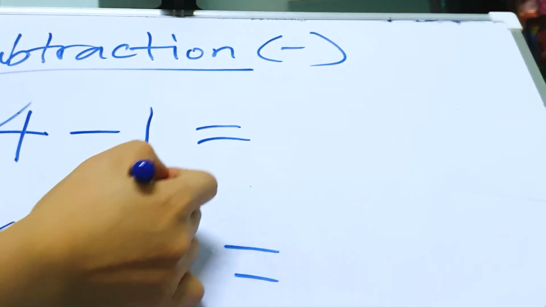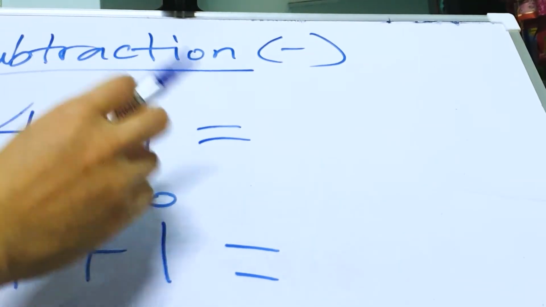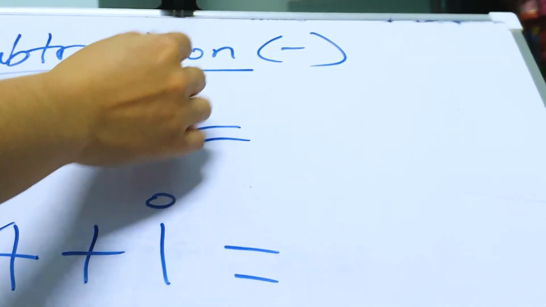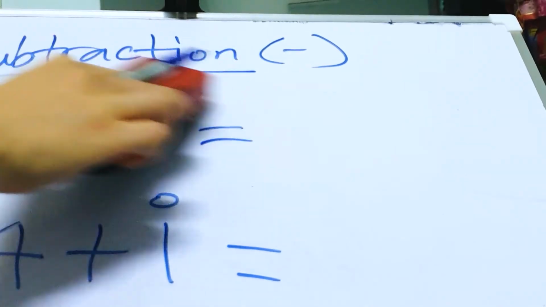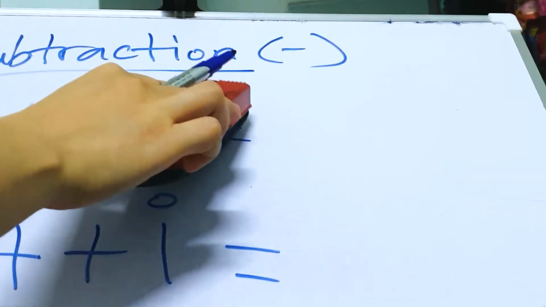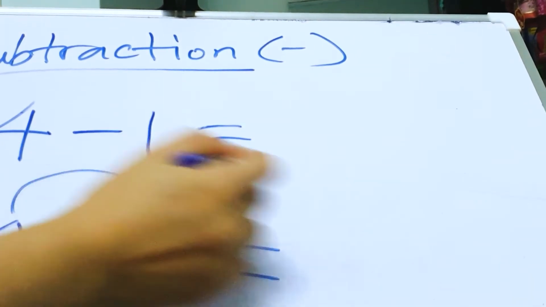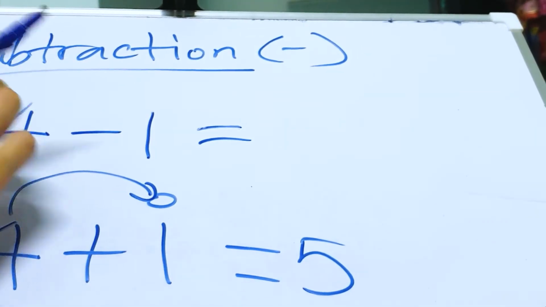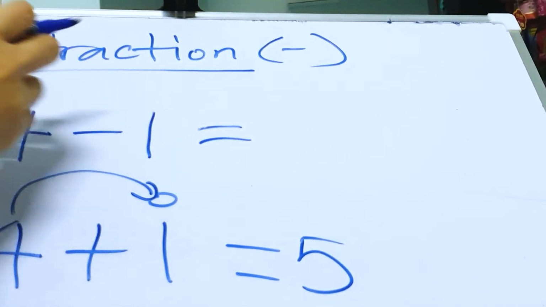You plus 1, you put a 1. But minus 1, you cannot put 1 here. It's wrong. It's totally different from plus. 4 plus 1, so 4, 5, so it's a 5. But for this minus, you cannot do it like this.